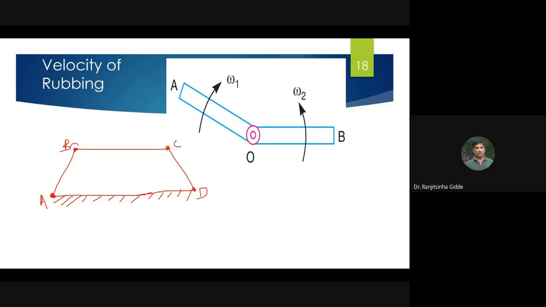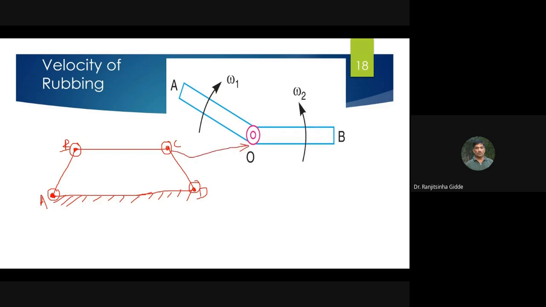So these indicate that there is a turning pair, similar to this.